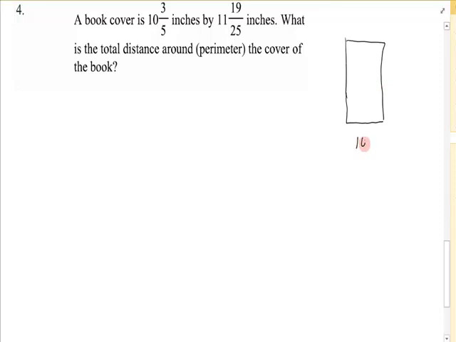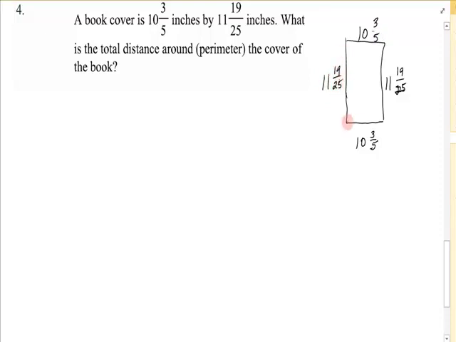But if it is 10 3/5 inches here, and 11 19/25 inches here, we know that we have another side which is 10 3/5, and we have another side which is 11 19/25.